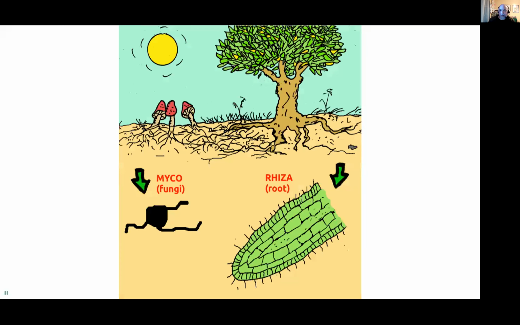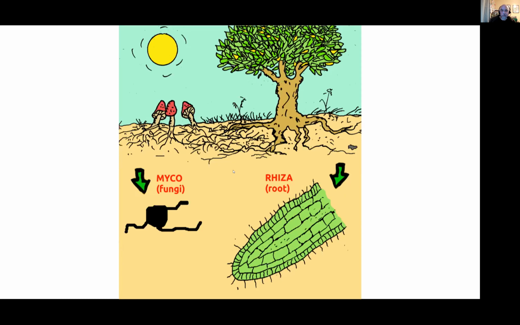As I think I've said previously on the course, the word mycorrhiza is a joint word referring to myco, which is Latin for fungi, and rhiza, which is the root, and it's this relationship between the fungi, mycelia, and the tree or plant roots.